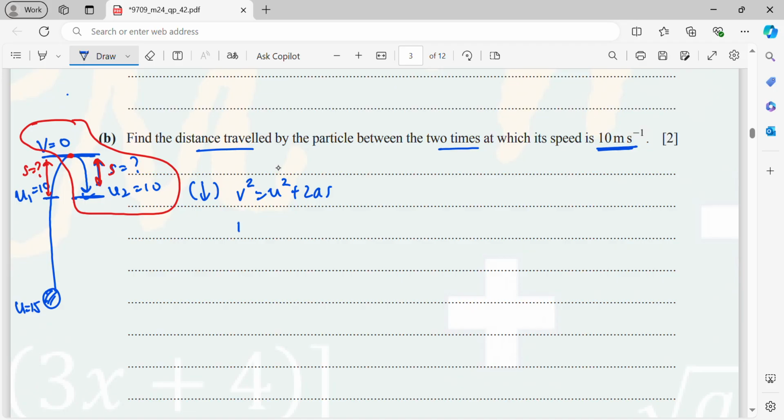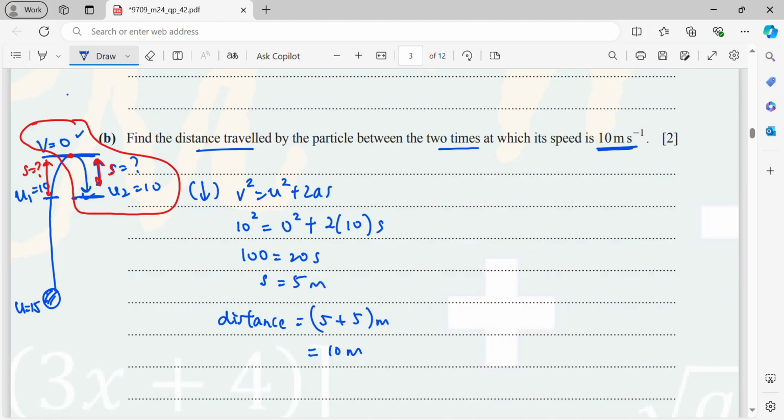So the v is 10, so 10 squared, u is 0 because we refer to the highest point, plus since this is going down, the a is 10 positive. Then find out the s. So I will get 100 equals 20s, therefore my s is 5. So then the distance will be 5 plus 5, that is 10 meters. Okay, so done for this question.